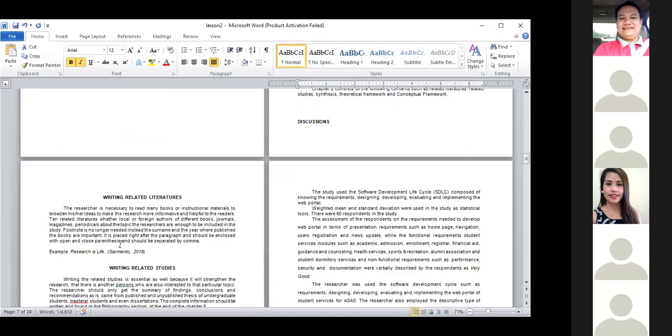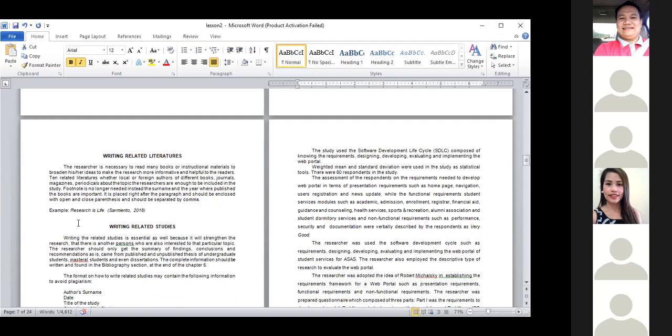So research is life, as I define, no? When you ask me what is the definition of research, I can easily say that research is life. So meaning without research involved in our life, our life is not meaningful, no? Kaya I decided to come up with a definition of research is life.